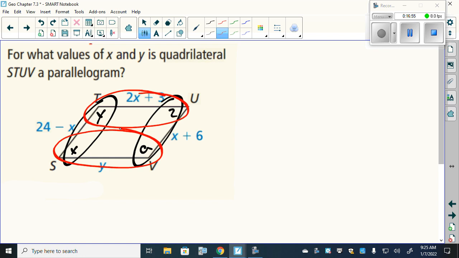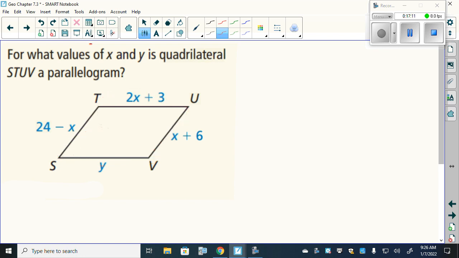Look at all the different ways that we know different parts of the parallelogram are congruent, because it might work out that one of those setups has the same variable. Does that make sense? Because I know for sure one of the homework assignments last night had 3 different variables in it, and you had to pick the correct way to set it up first to be able to find the others.